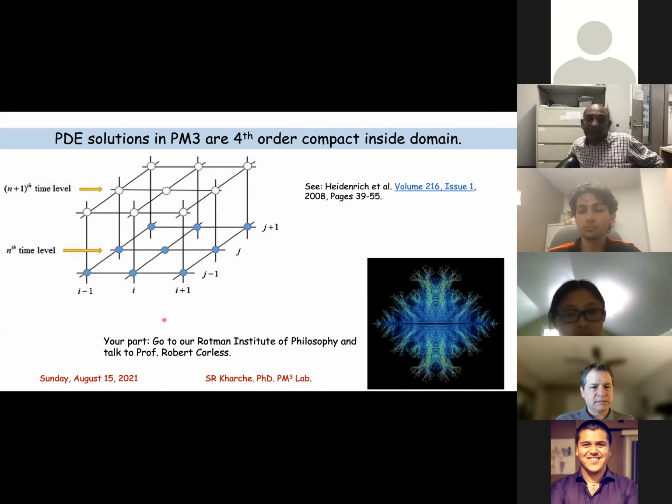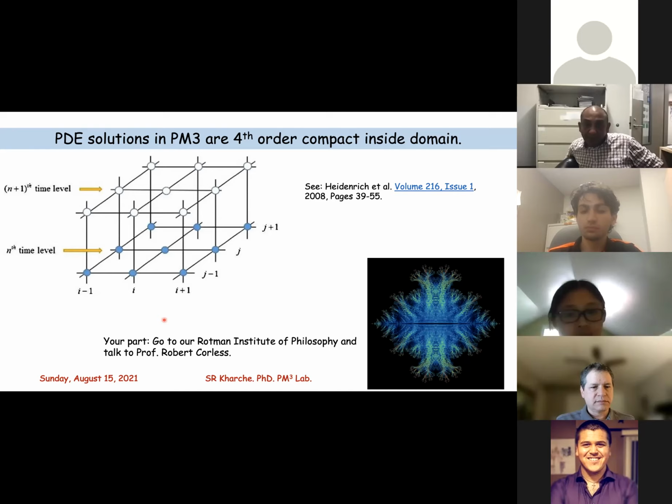Now, the bottom right-hand side image shows you something that people in our Rotman Institute have been working on. And this is a very visually attractive representation of a linear algebra method developed by Robert Corless called Bohemian Matrices. He calls them Bohemian Matrices. And this image is an unthinkably beautiful representation of the workings of Bohemian matrices.